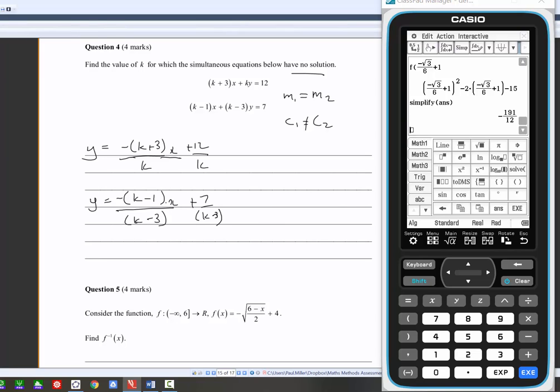Right, so let's pair up these gradients. So it's when m1 equals m2, negative k plus 3 all over k equals negative k take 1 all over k take 3. Okay, so let's solve that thing.